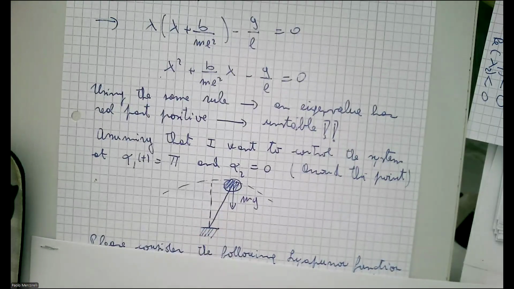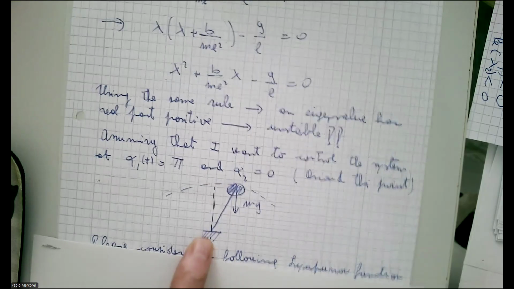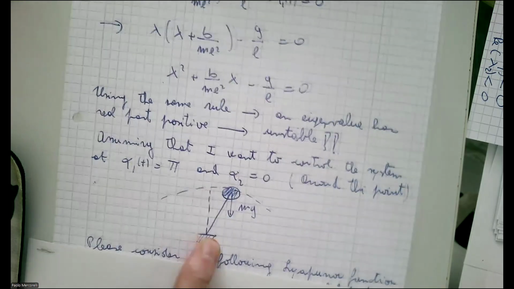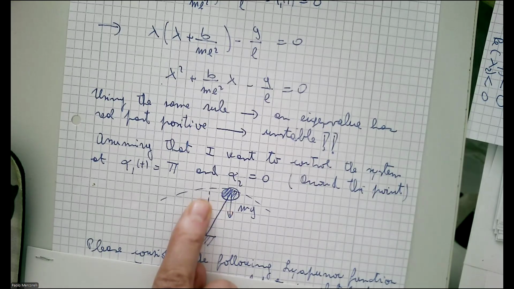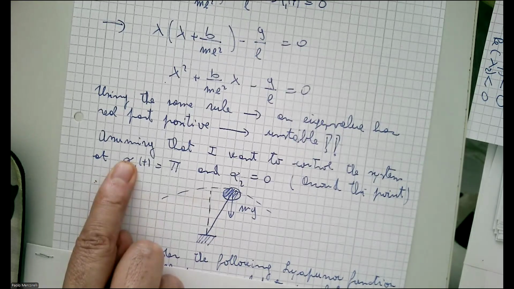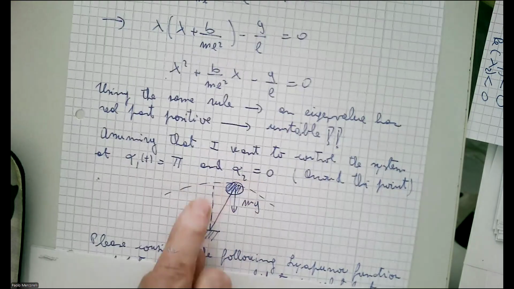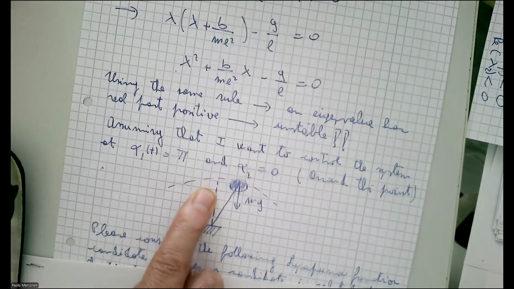Let me consider this pseudo segway. It is not a segway because here it is not moving. Not only that, this point here is actuated. We have an actuator here in order to control this pendulum in the position pi and velocity 0, exactly at the unstable equilibrium point.